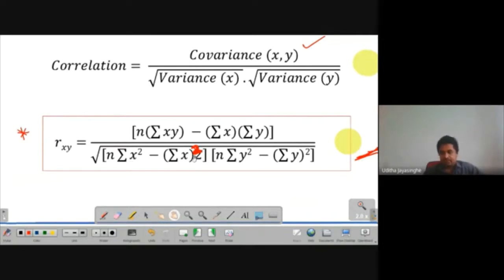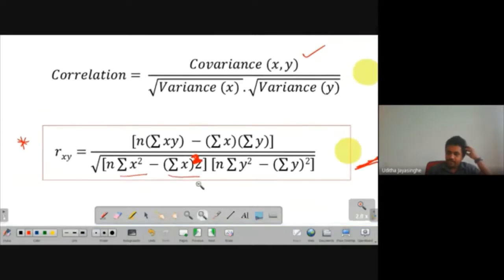What about these values? This is nothing but sigma x and sigma y, you take the total first. Let's say you have 1, 2, 3, 4, 5 like that, and then your sigma x will be something like maybe 120 or 130. That particular 120 or 130 is squared. That's the only difference between sigma x square versus sigma x, whole square.